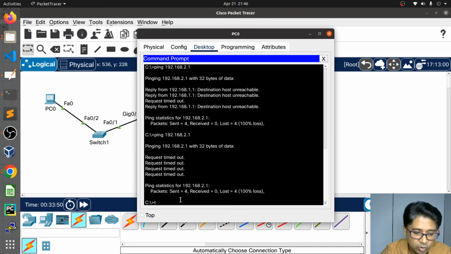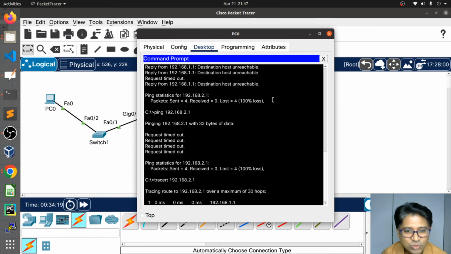So the command is called tracert, trace route. 192.168.2.